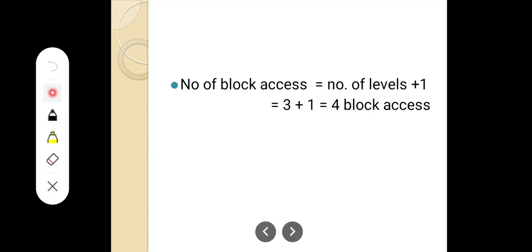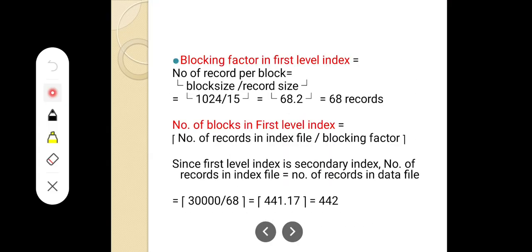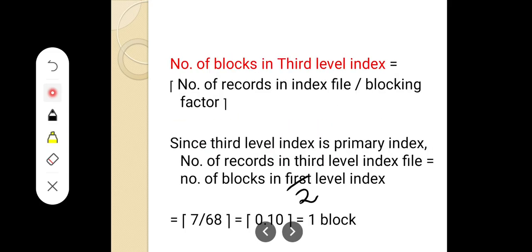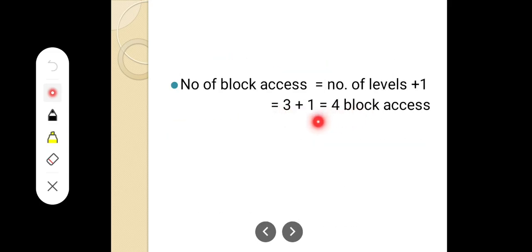How many levels do we have here? We have 3 levels: the first level index, second level index, and third level index. So 3 plus 1 is the number of block accesses. Clear? So 4 block accesses are required.